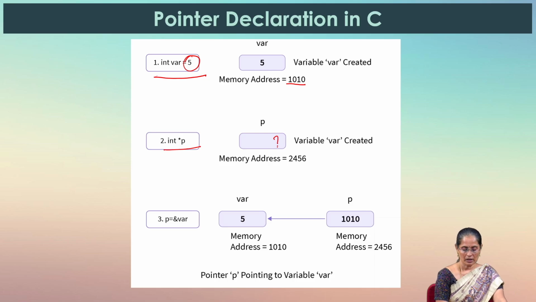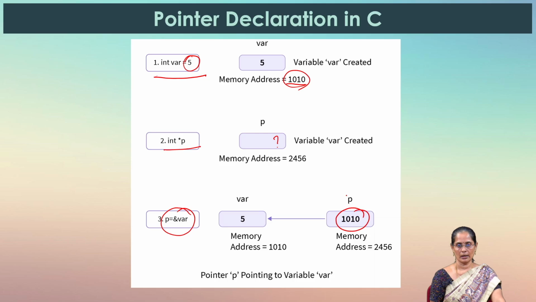But when we make the pointer variable point to a particular variable var, we already have the address 1010. So, the value 1010 will be put into the pointer variable, which will be pointing to the variable var.